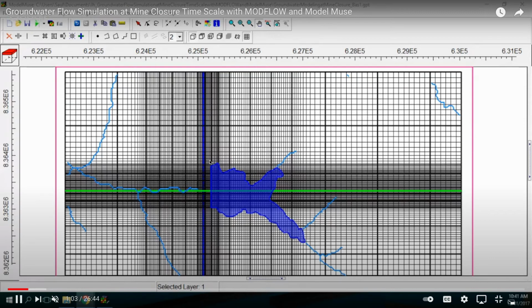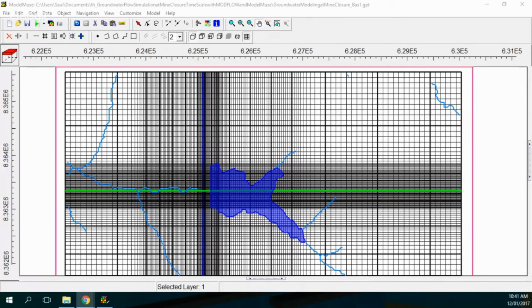And for each one of these cells, we can look at the mass flow rate in, the mass flow rate out, and the imbalance between those would be an accumulation.